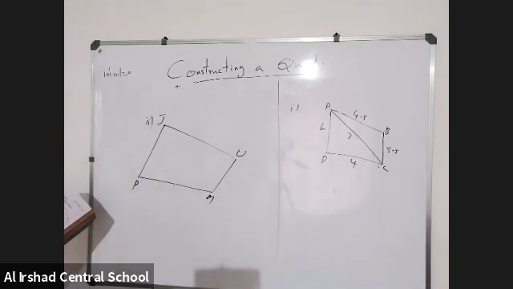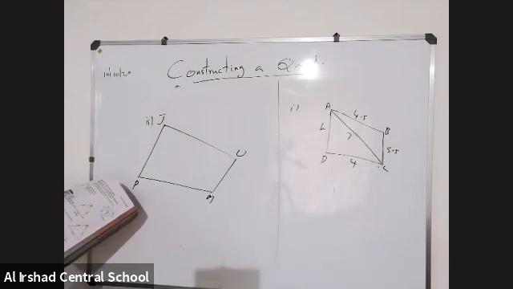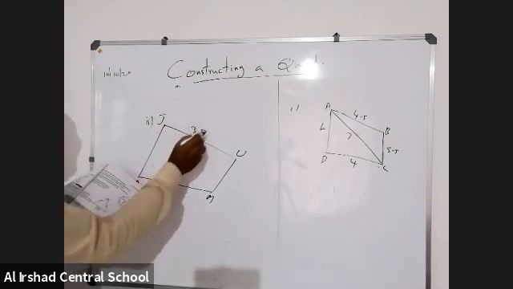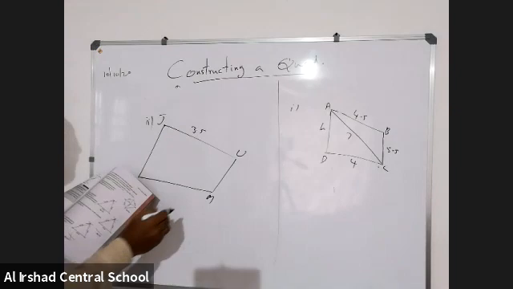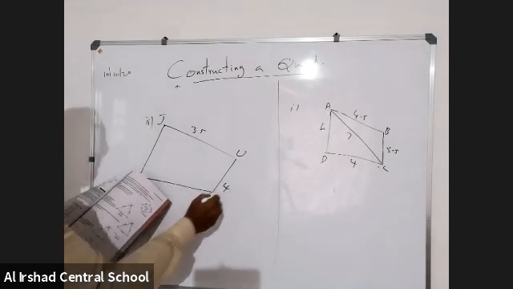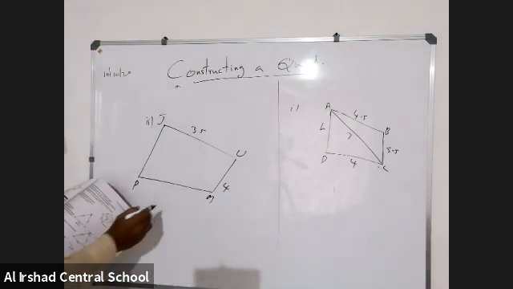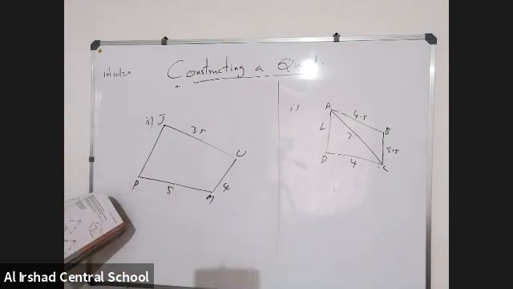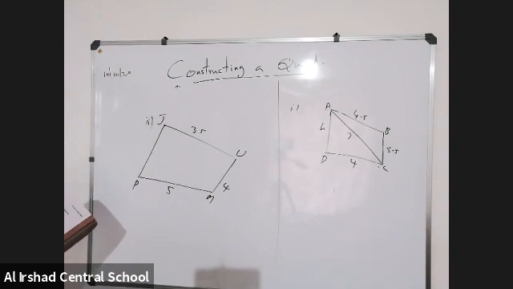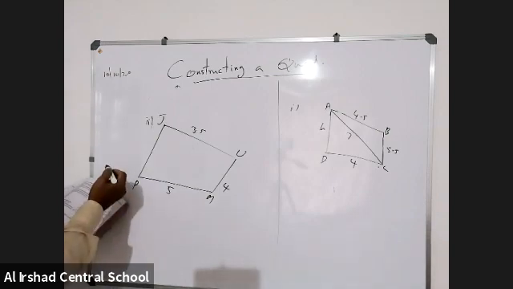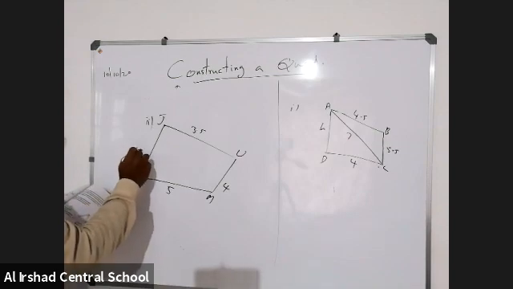J U, that means 3.5. U M for 4. MP, or PM, same thing. Then PJ, that means 4.5.